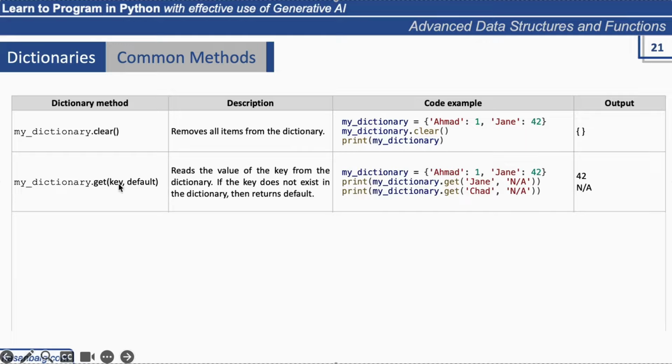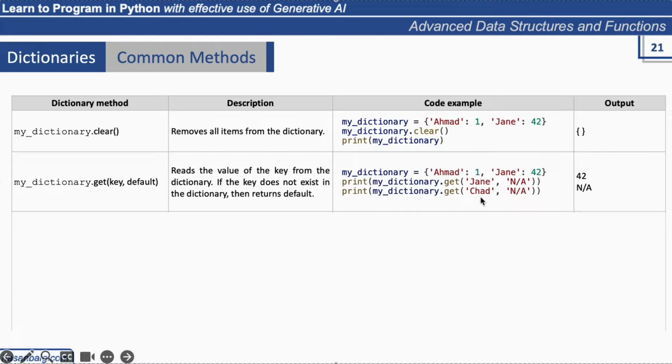we specify what value we want to get associated with the key that we specify here, and there is a default parameter. There is a default argument that we pass after a comma. So what does the default do? So look at this example, we have a dictionary, and what I'm trying to get is a value associated with Jane. So Jane is defined in this dictionary, so it will return the value 42, which is associated with this key Jane.